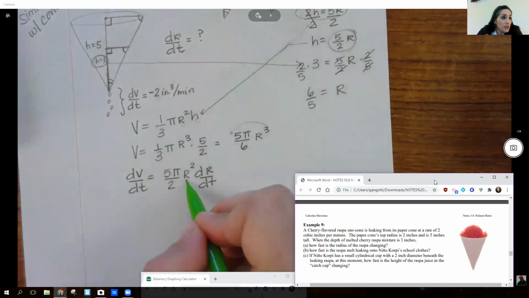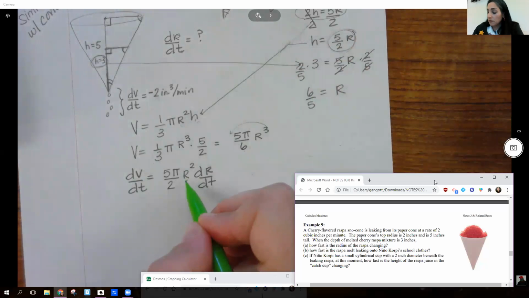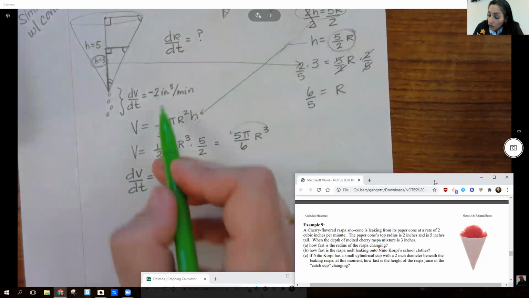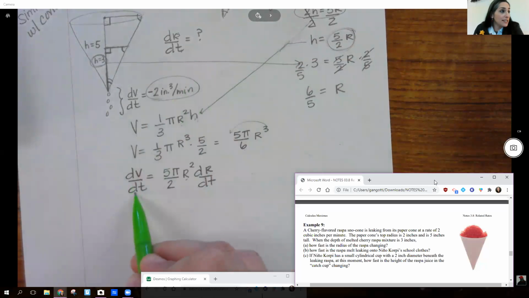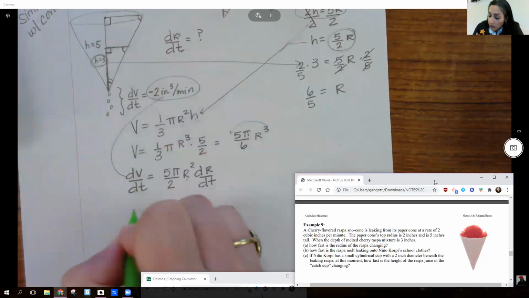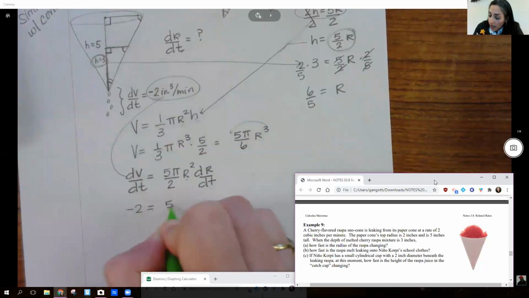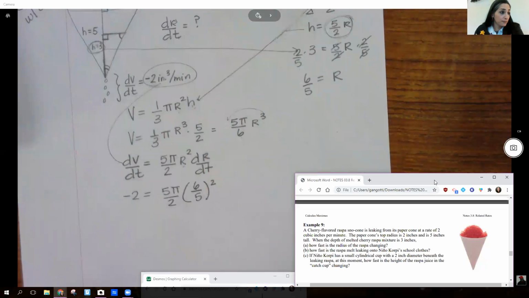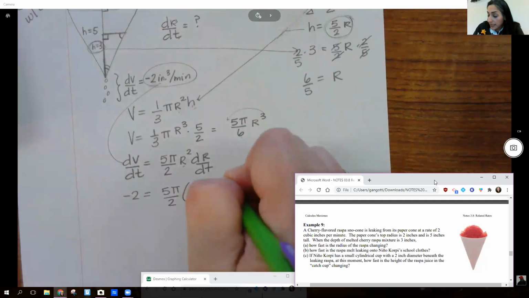That's what you're going to put into your volume derivative because you can't put the 3 in. And you're also going to put the -2 in for the dv dt. So -2 equals 5 pi over 2 times 6/5 squared dr dt.